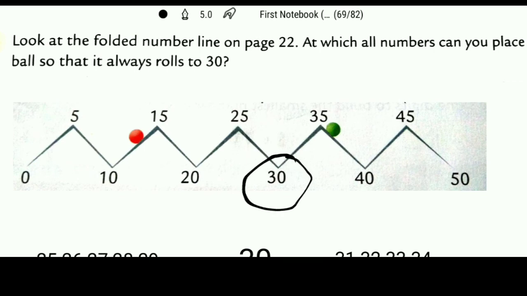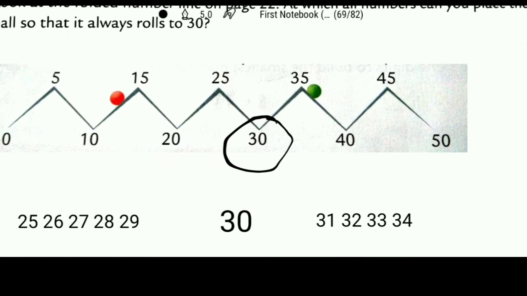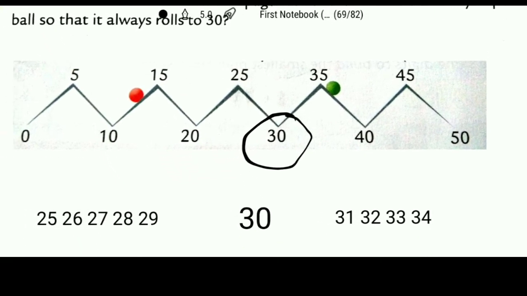It means from 25 up to, and before, 35, all the numbers we will write. So our answer is 25, 26, 27, 28, 29, then 31, 32, 33, 34.